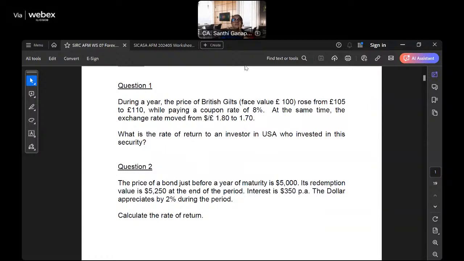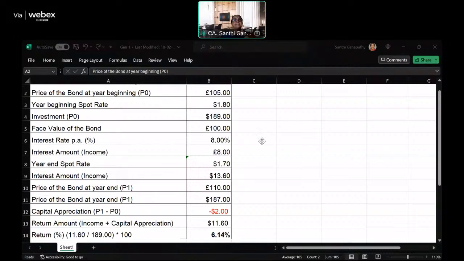So what do we have? The price of the bond at the beginning is £105, but since the US investor has to invest in GBP, he has to buy it. So in terms of the domestic currency, dollars, how much is my investment?